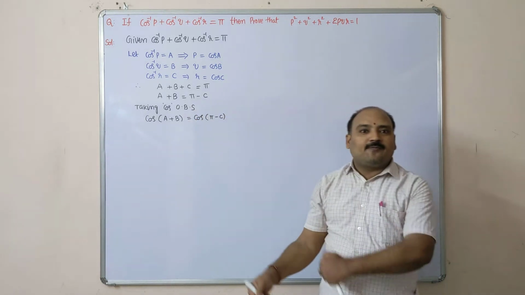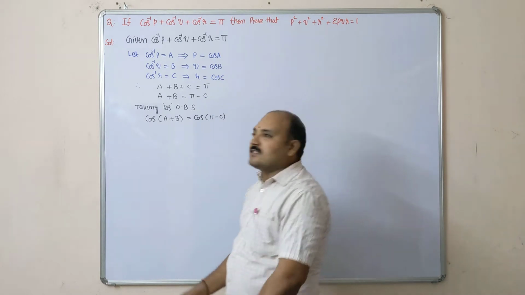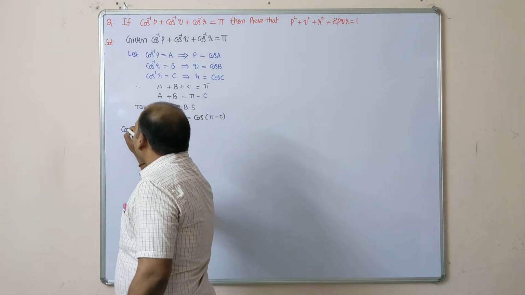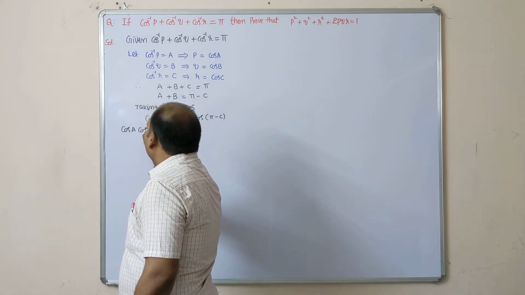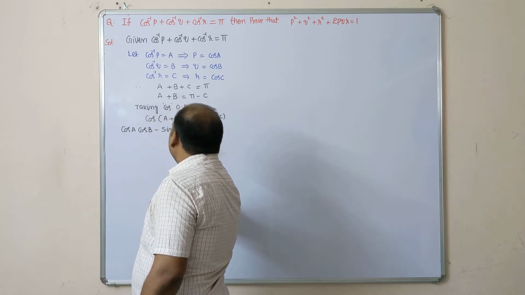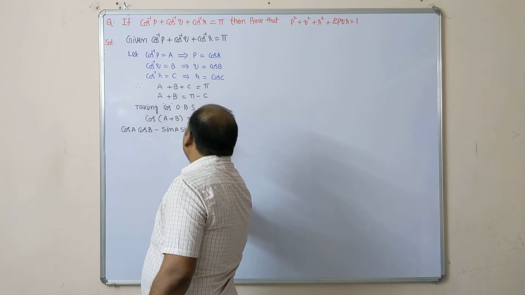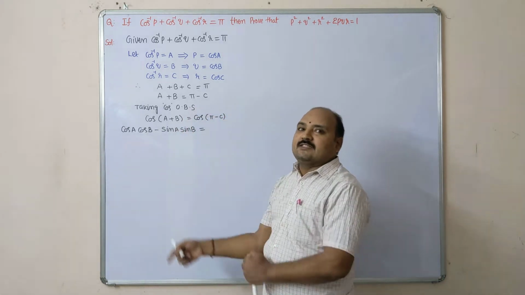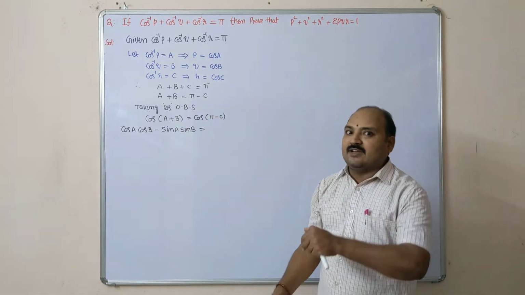Cos of A plus B formula: cos A cos B minus sin A sin B is equal to cos of pi minus C. Cos of 180 minus theta is minus cos theta.